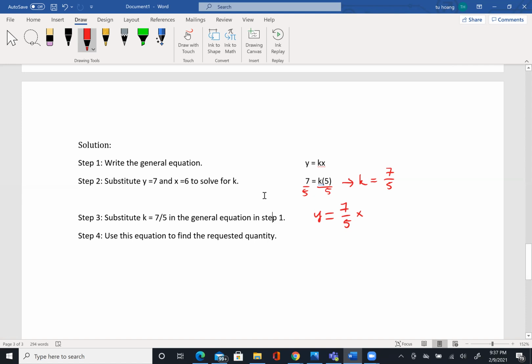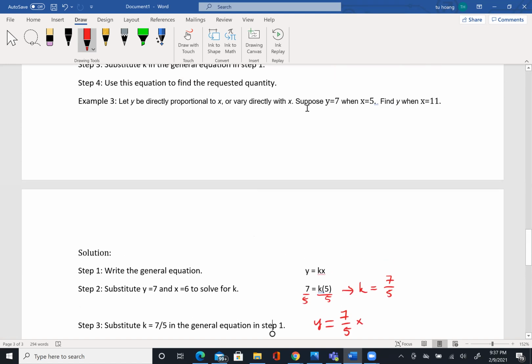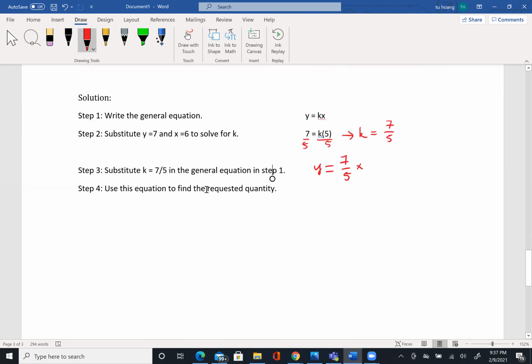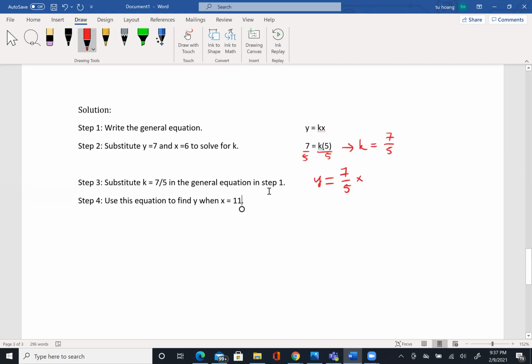What does that mean? Let's go back. It said to find y when x equals 11, right? So you can just substitute: y equal to 7 over 5 times x, with x equal to 11.